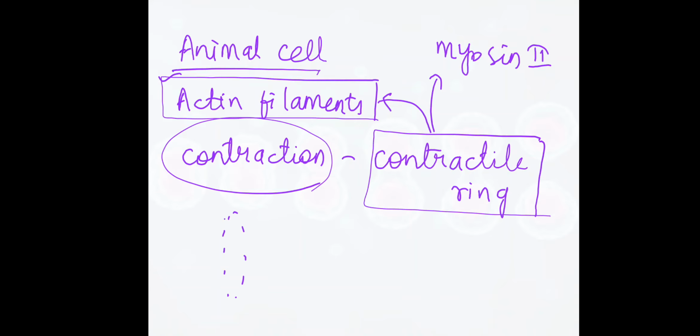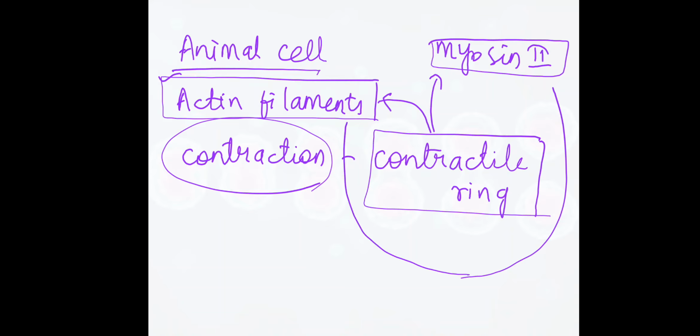circumferentially, meaning surrounding the outer region. So a circumferentially oriented contractile ring. The contractile ring is made up of actin filament and myosin 2. Where are these bound to?